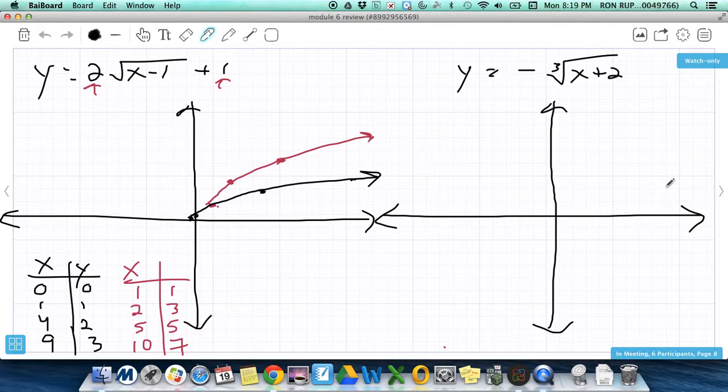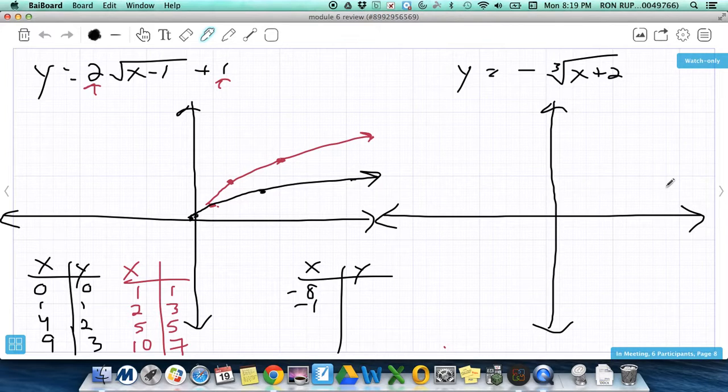So now I look at the cube root function and recall that I have this as a parent function. Actually, let's put it over here. -8, -1, 0, 1, 8, -2, -1, 0, 1, 2.